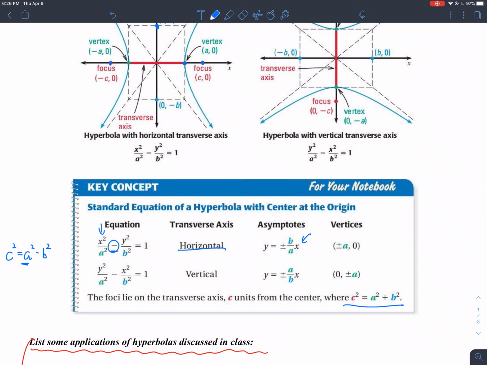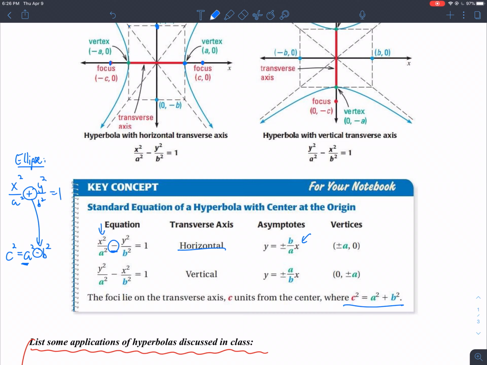So think about it this way. Let me write this again. x squared over a squared plus y squared over b squared equals 1. So this is an ellipse formula. For the formula of an ellipse, the formula itself has a plus, and therefore the corresponding equation to find the focus is a minus.